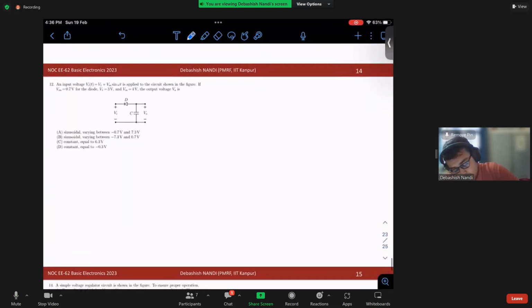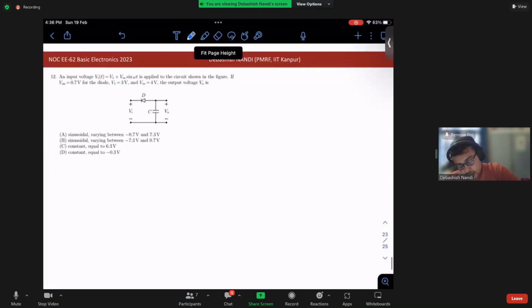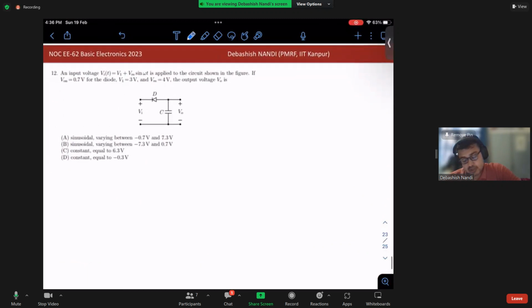Okay, let's discuss this problem. So what does it say? An input voltage of certain DC and some AC is applied to a circuit shown in the figure. What I observe is that there is no resistive component, so the delay is almost zero.